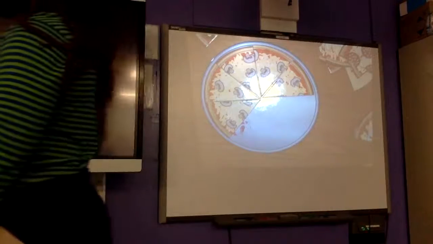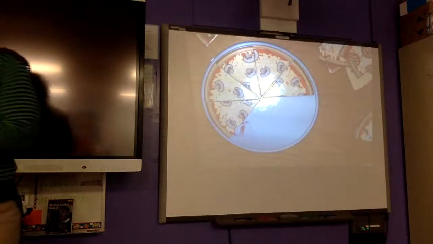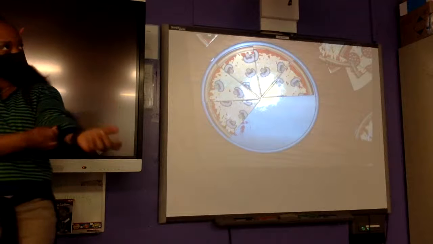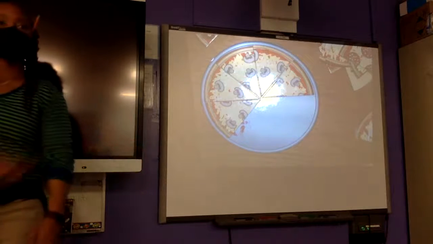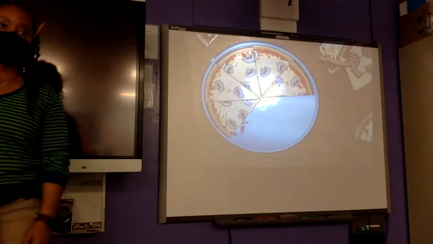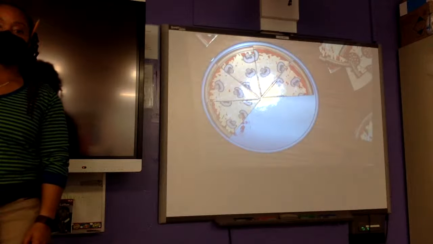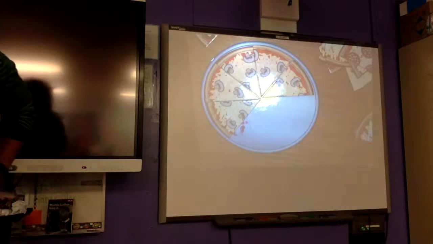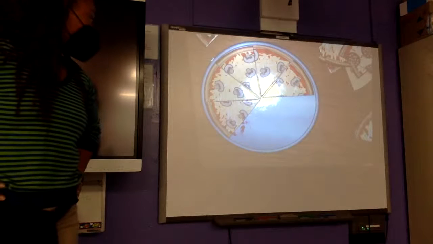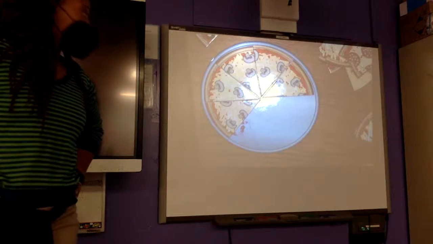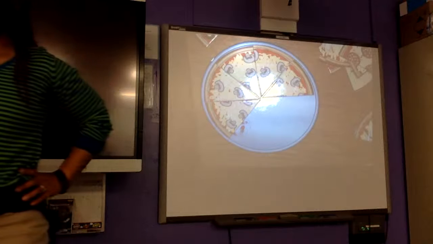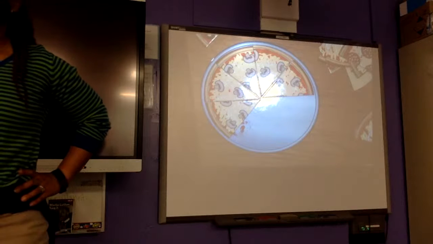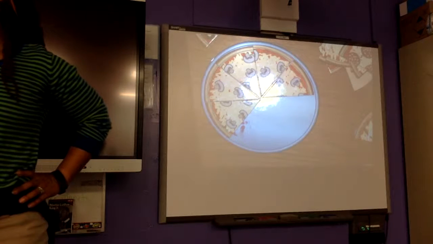And Tiana has 2 slices of pizza. Charlie eats 3/8 of the pizza. Tiana has 2 slices of pizza. What fraction of the pizza is left?